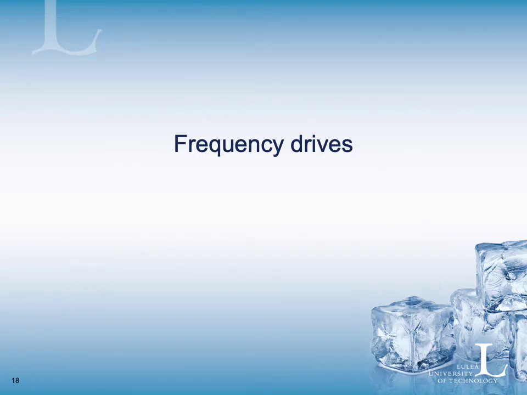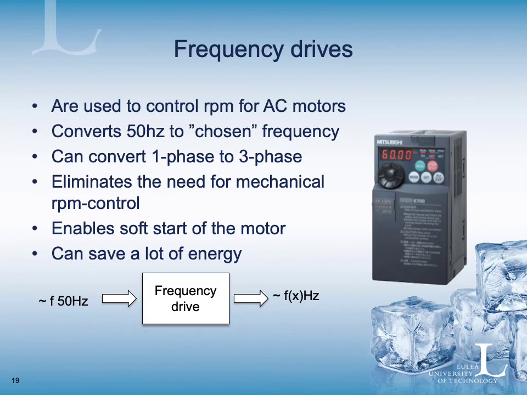So, we have been discussing a lot about the control system and how we control the AC motor with frequency. And to do that we use frequency drives, or sometimes we call them variable frequency drives, VFD. The frequency drives are used to control RPM for AC motors, and they convert 50 Hz from the grid to the chosen frequency to then control the speed of the motor.